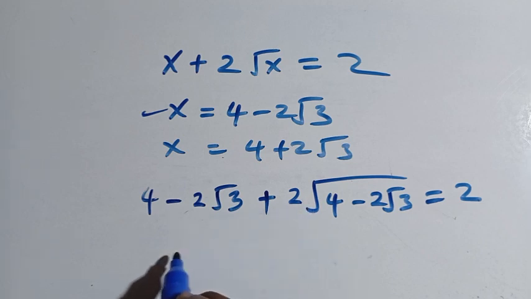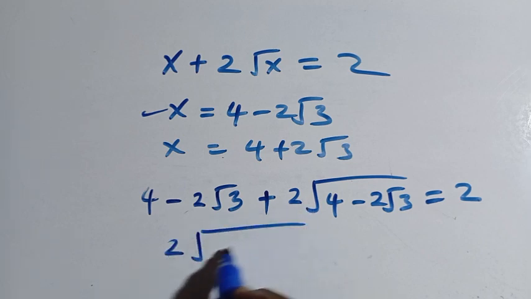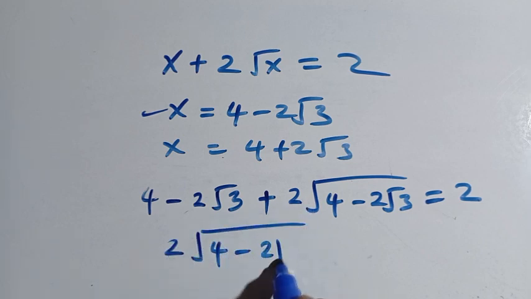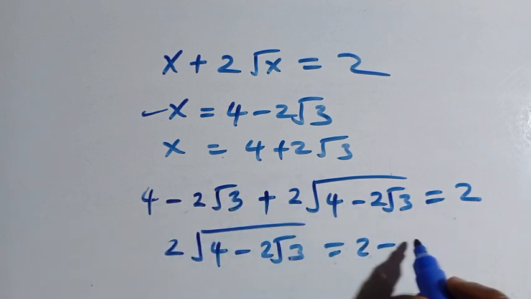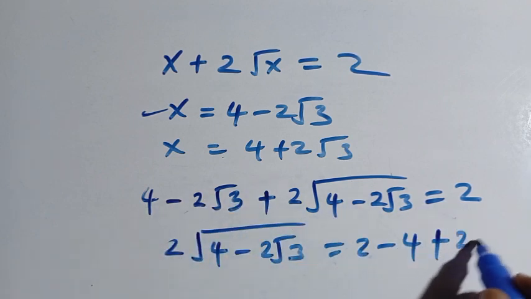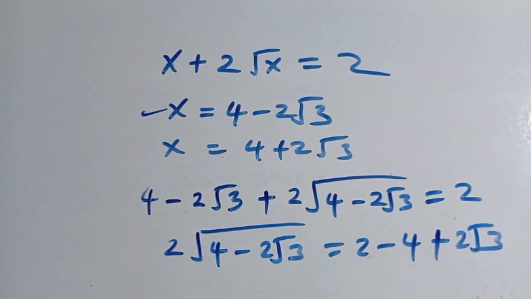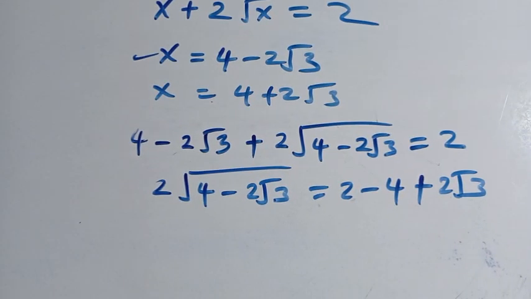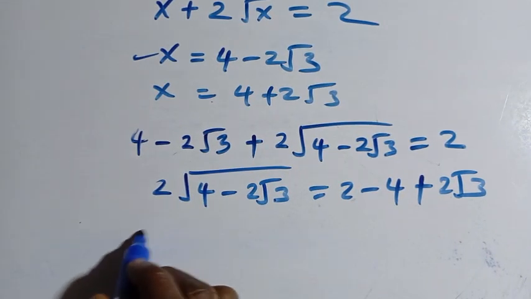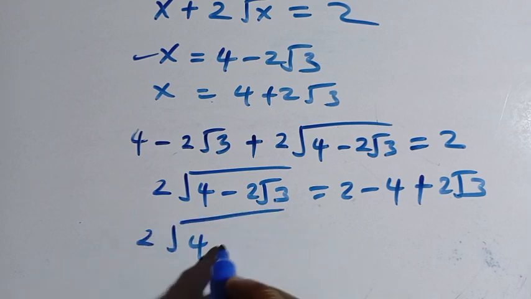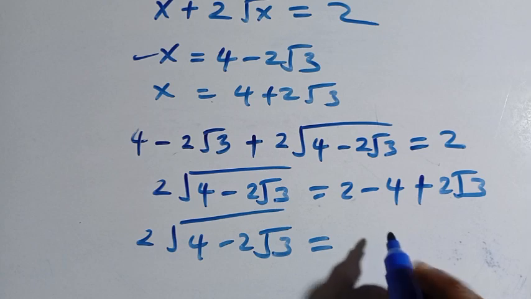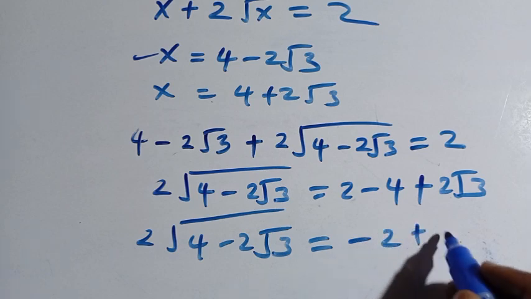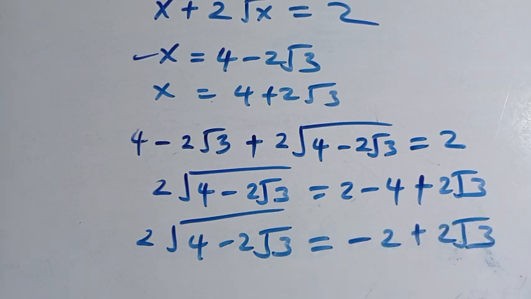This remains 2 square root of 4 minus 2 root 3 equals, so when this comes here, we have 2 minus 4 plus 2 root 3. And from here we have 2 square root of 4 minus 2 root 3 equals minus 2 plus 2 root 3.